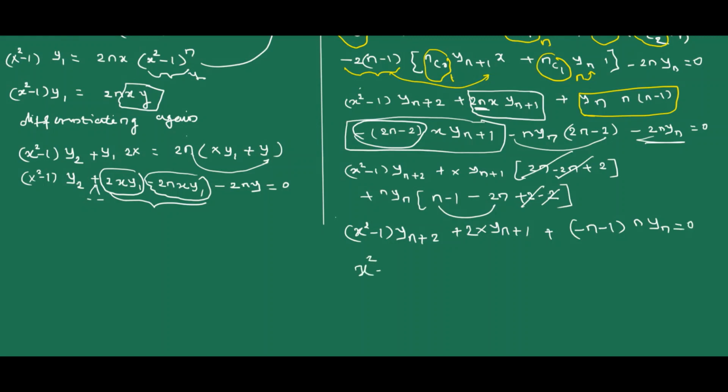So the same expression we can write as (x squared minus 1) y_{n+2} plus 2x y_{n+1}. Here you can take minus n yn common into bracket (1 plus n), is equal to 0, which is the required solution.